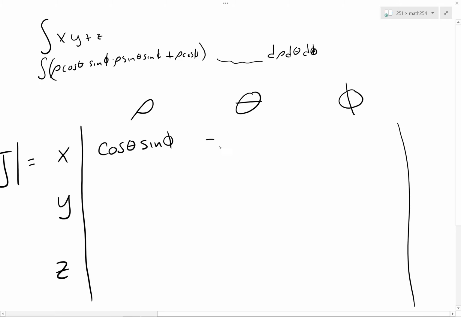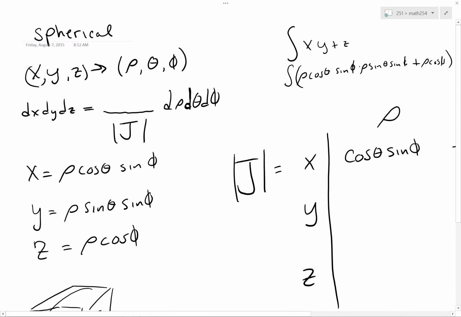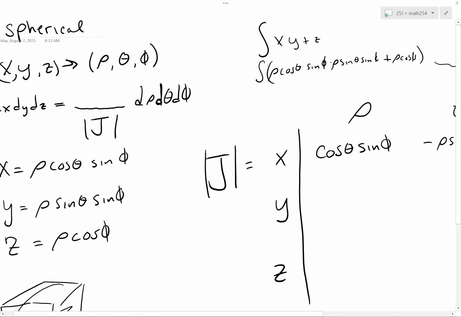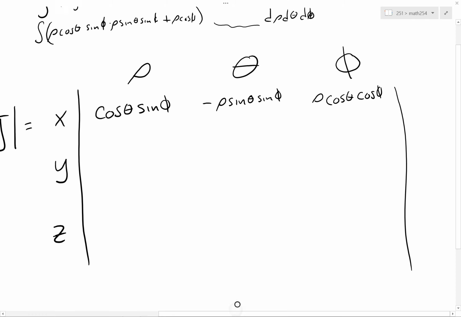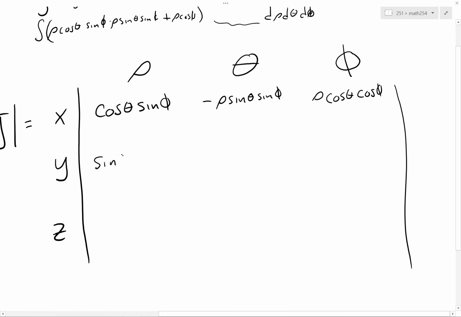So this is going to be minus rho sine theta sine phi. And the last one, when you do it with respect to phi, is going to be rho cosine theta cosine phi. And then this one here is going to be sine theta sine phi.